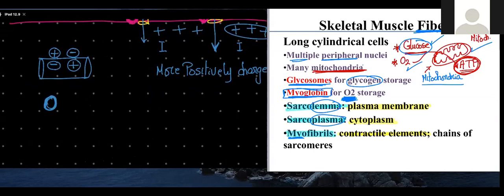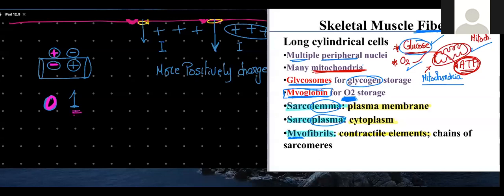So now I've got a signal. So again, what does it mean for me to not have a signal, to have a zero? I'm not conducting a signal. It means that the inside of the cell membrane is more negatively charged and the outside of the cell membrane is more positively charged.